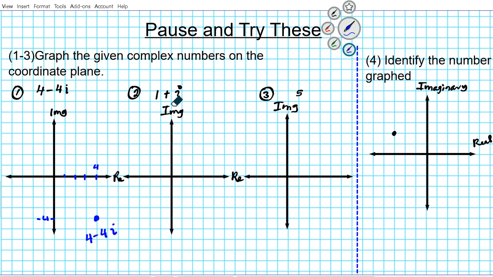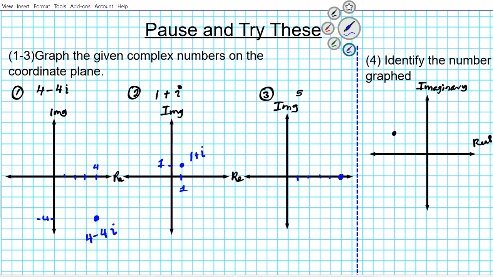For number 2, a is 1, b is 1. So 1 on the real and 1 on the imaginary. So this point right here is the complex number 1 plus i. Number 3, a is 5, b is 0. So 1, 2, 3, 4, 5.